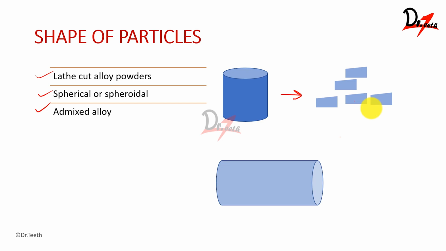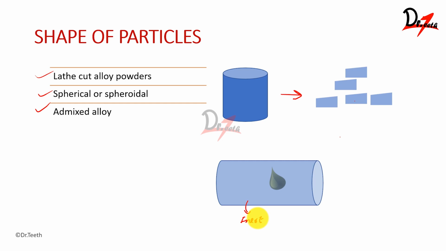So when we have a block of an alloy and we cut irregular shaped particles out of it, that will be lath cut. And in case we have a molten alloy, okay? So here we have a molten alloy and we spray it inside a column having an inert gas.